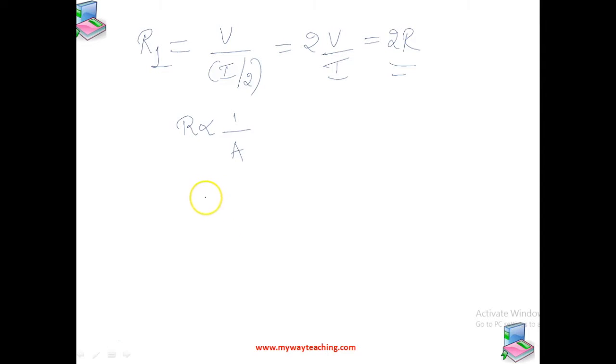So combining the first observation and the second, we can write R is directly proportional to L by A. So for a given conductor, R is equal to rho L by A, where this constant of proportionality rho depends on the material of the conductor but not on its dimensions. This constant we call resistivity.